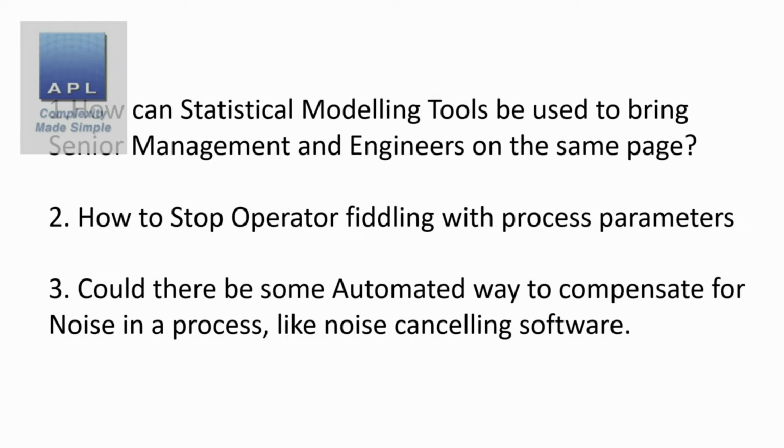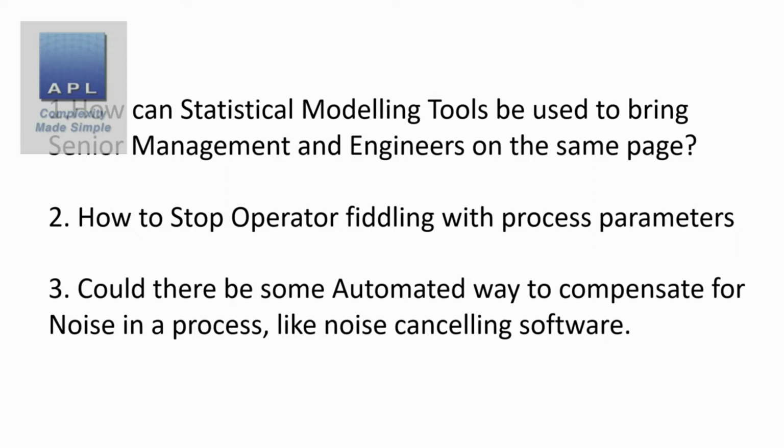So could we use some statistics in some way to help us to get senior managers and engineers on the same page? How do we stop operators fiddling with process parameters and taking the process away from proper settings? And could there be some automated way to compensate for noise in a process? A little bit like noise cancelling software, which works brilliantly, by the way. So 3 very good questions.